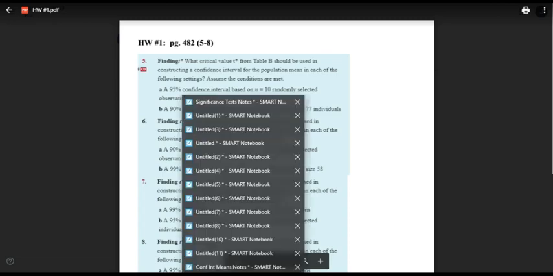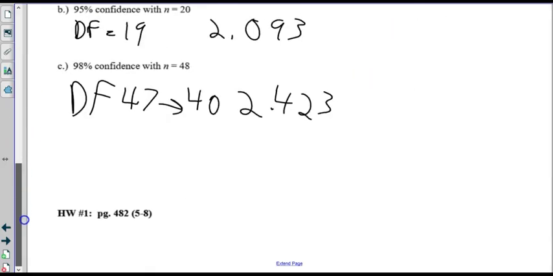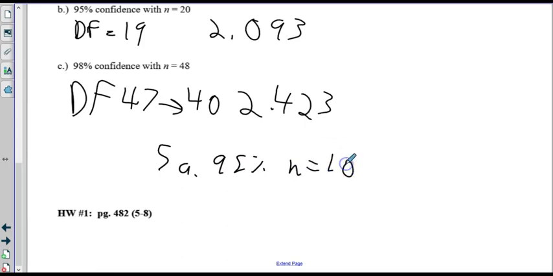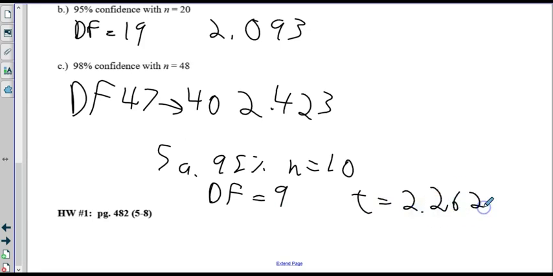So, for 5A, 95%, n equals 10. What's our degrees of freedom for that? 9. So, if you look at the chart, what is 95% with a degrees of freedom of 9? 2.262 is correct.